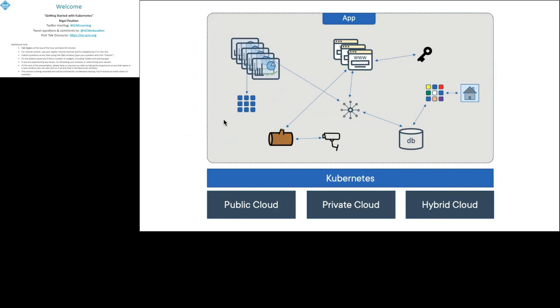Now, what that does mean is that your east-west network traffic is much more than it was before. So you need to cater for that both from a performance perspective, but also from a security perspective. Like I said before, you've got lots of things that were talking over relatively secure shared memory before, now talking over the IP network.